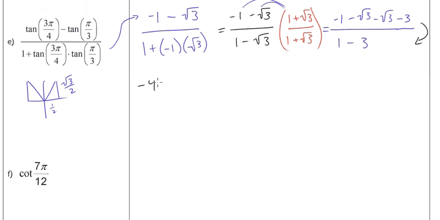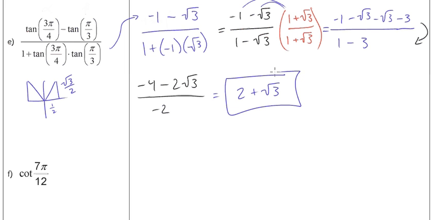That's -4, and negative root 3 minus root 3 is minus 2 root 3, all over 1 minus 3, which is -2. Factor out the -2 from the numerator and divide both the top and the bottom by -2, and we end up with 2 plus the square root of 3 as our answer.